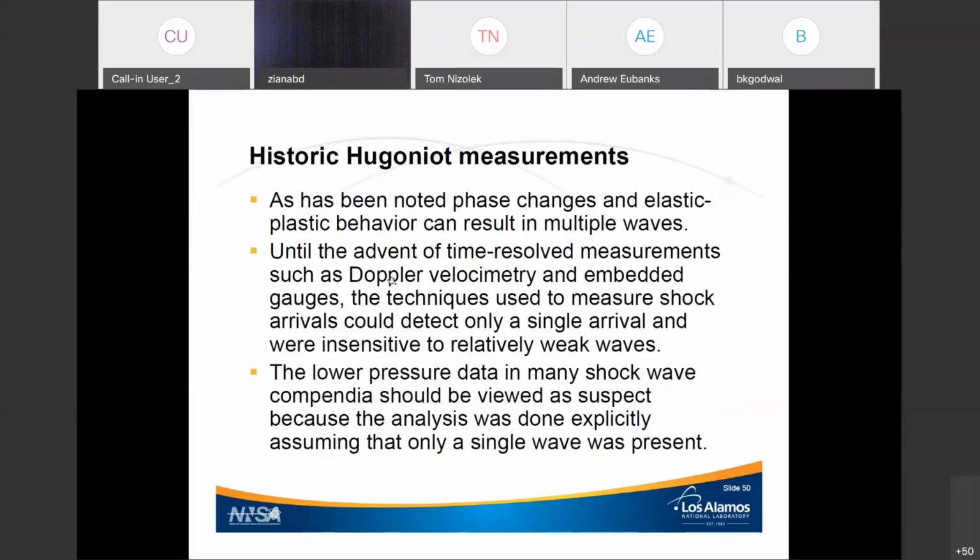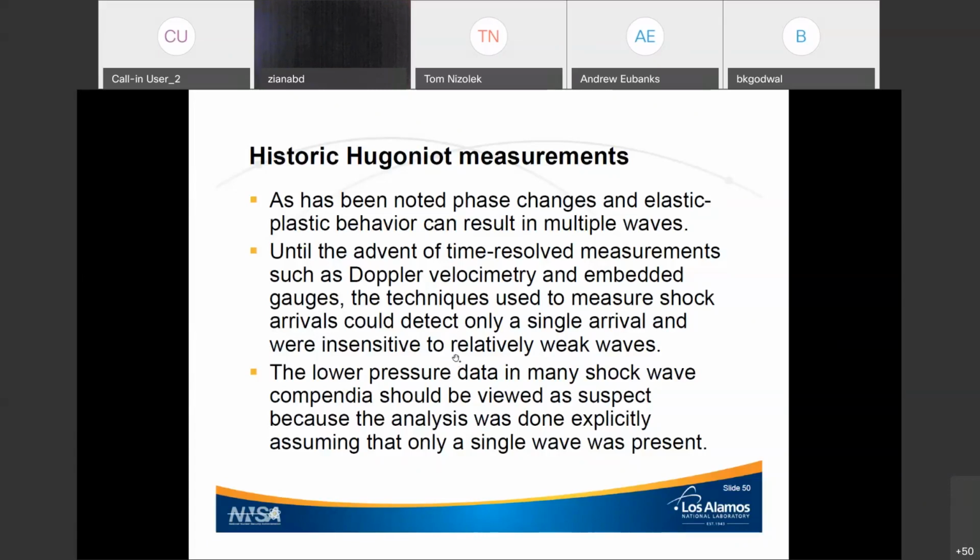And so when you are looking at experimental data from various compendia, you should be careful, particularly with older data, in how you interpret the Hugoniot data for shock waves, particularly if the shock wave speed given in the compendium is less than the longitudinal sound speed in the material.